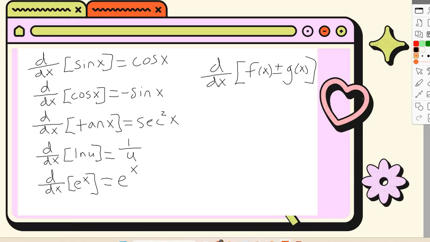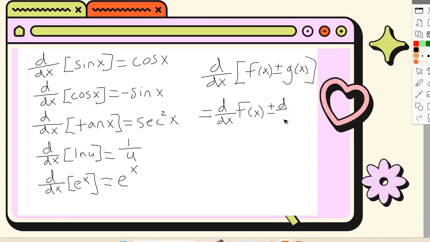Now, remember that we're not using the limit process, but these are still represented by limits, right? Because of how our limits work, we can actually just go ahead and take the derivative of these two things separately.